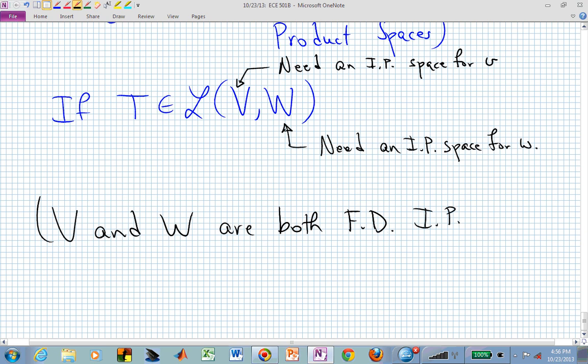So I'm assuming you're going to be texting this, so you may just want to say FDIP. So V and W are FDIP spaces over this field F.